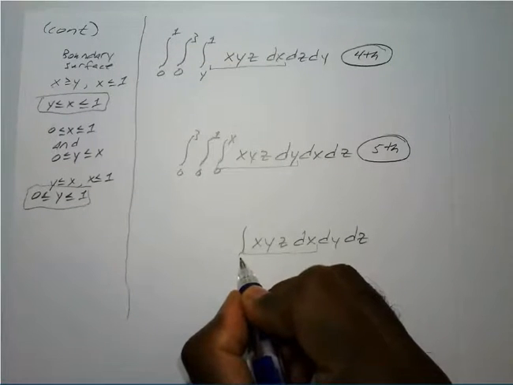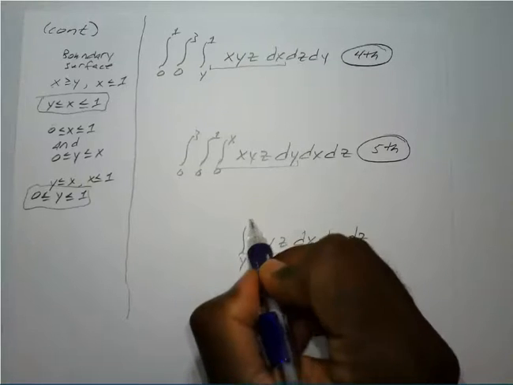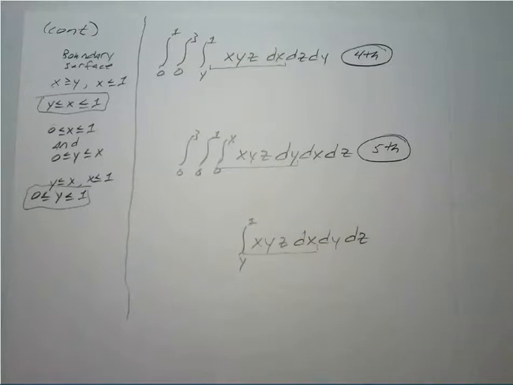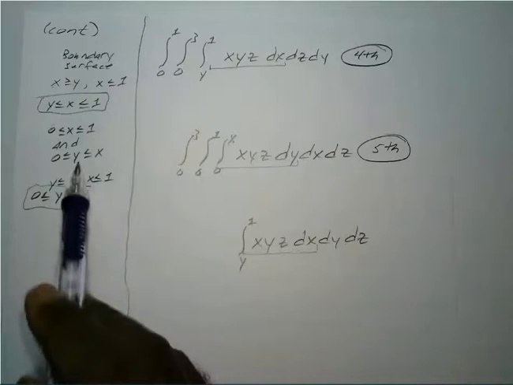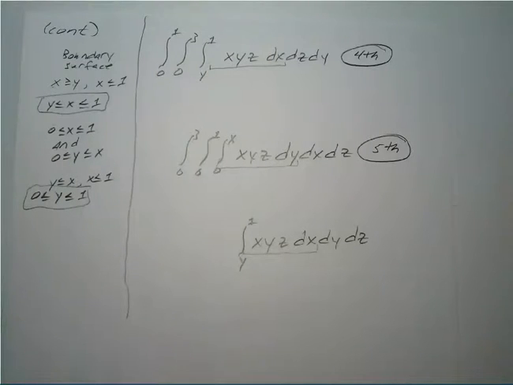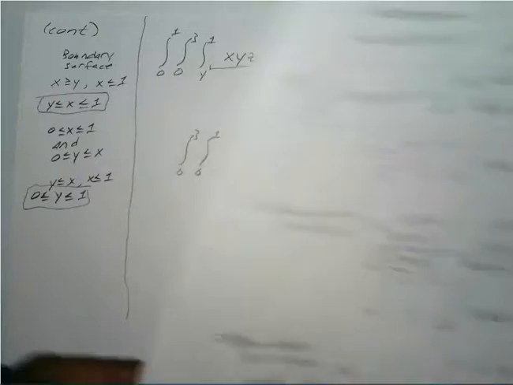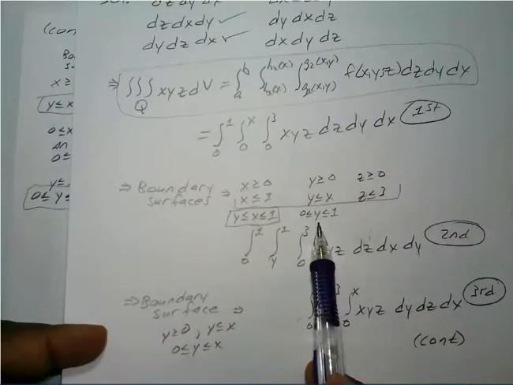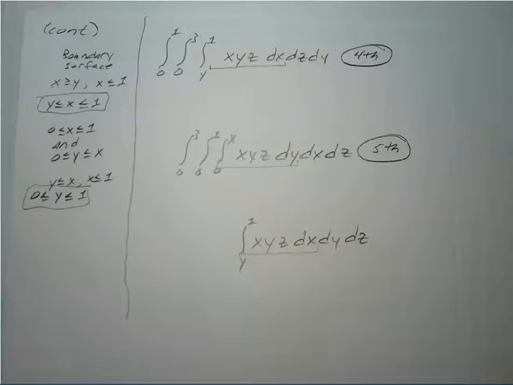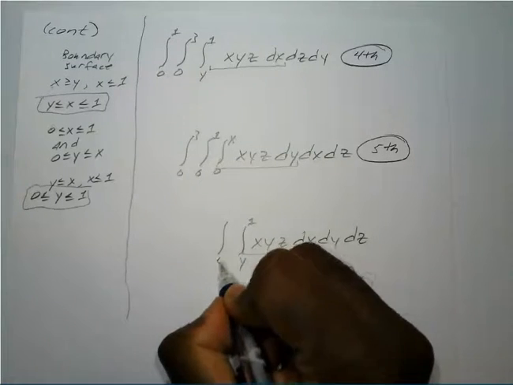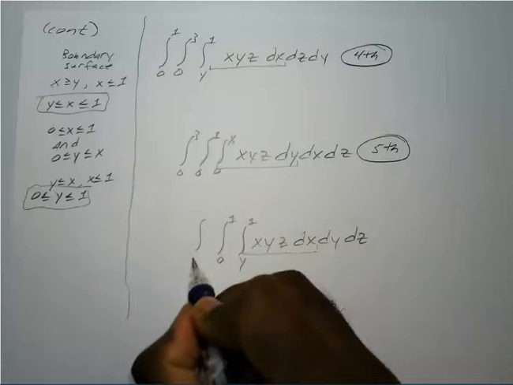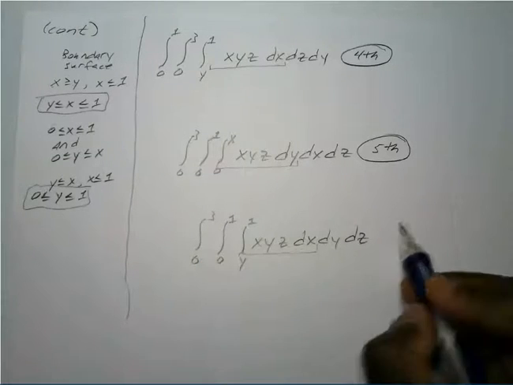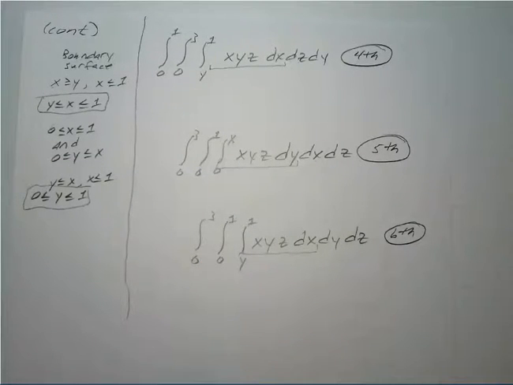So x goes from y to 1. For our dy, we can use the fact that y is between 0 and 1. Where did we use that one? If you look back on the first page, we used that already. So y is between 0 and 1. And our dz we can make between 0 and 3. And that's our sixth.